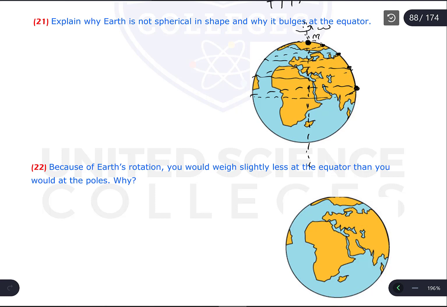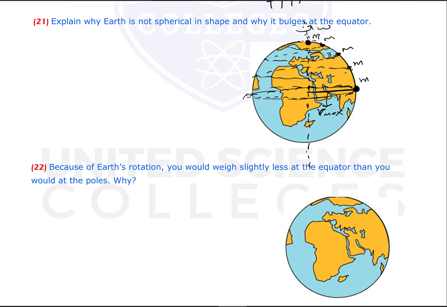Yani any object at the equator follows the largest circle. Of course, the largest circle means the radius of the circular path is going to be the maximum radius. Okay, assume that this mass at these different positions is identical, m.